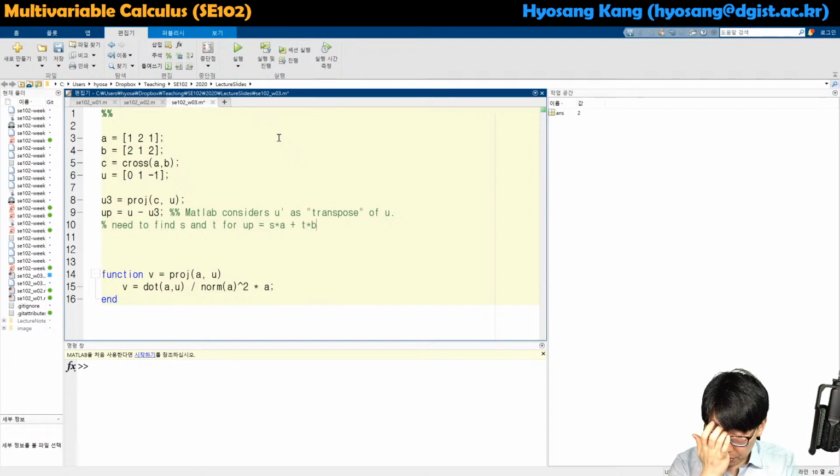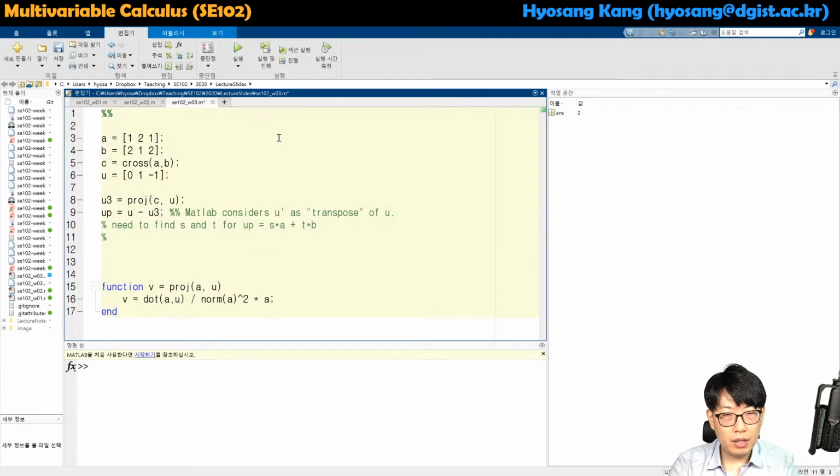So this is also a linear equation which we need to solve. So you have two unknown variables, but each of UP, A, and B has three components. So if you use two equations out of three, that's enough for finding the unique S and T.